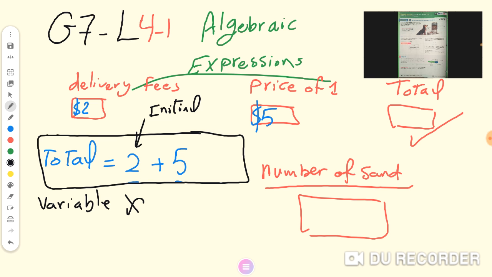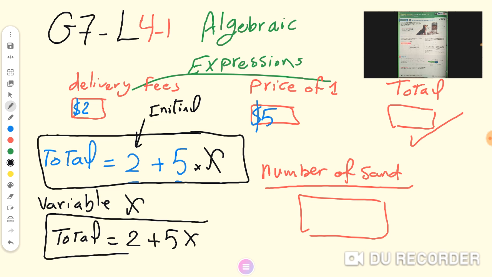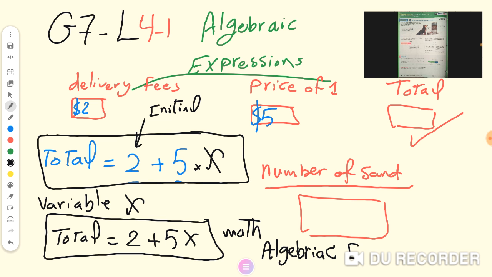Then the cost of one sandwich is fixed also, which is $5, but the number of sandwiches is multiplied by X. So the formula I can write is total equals 2 plus 5X.